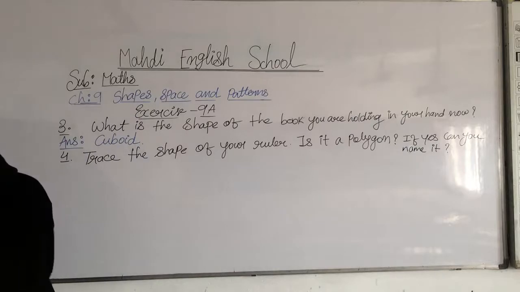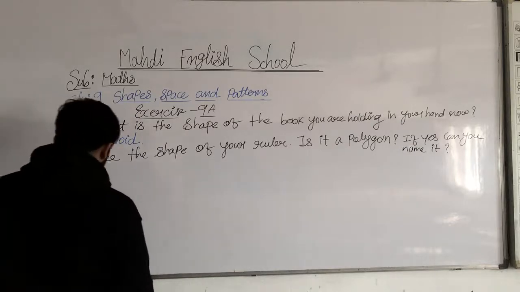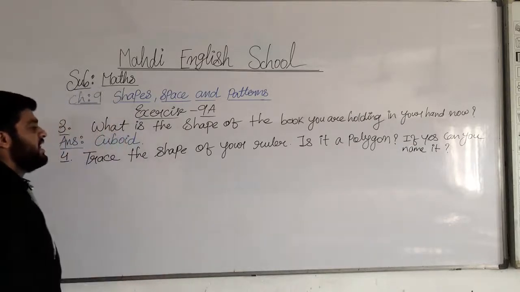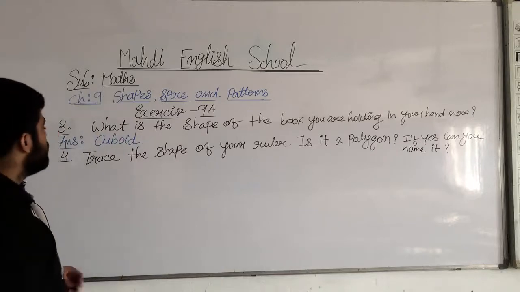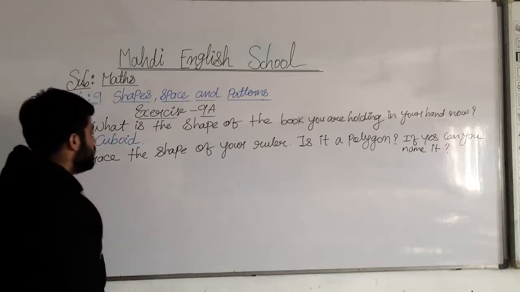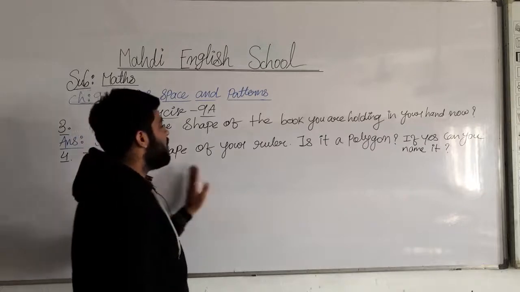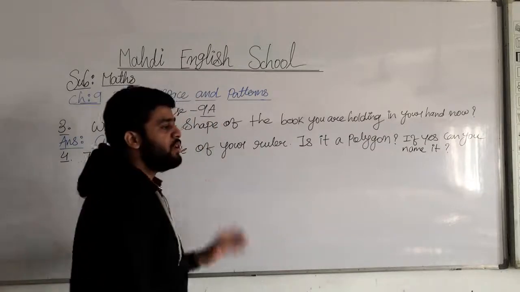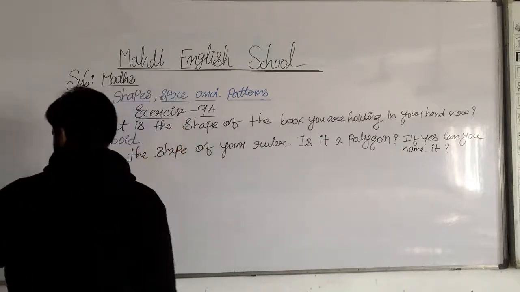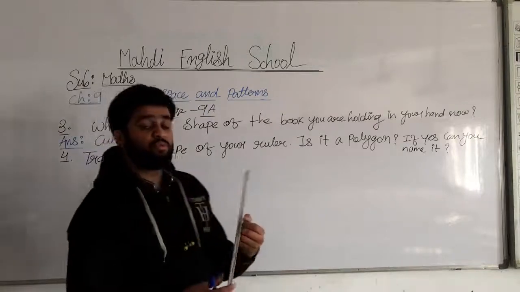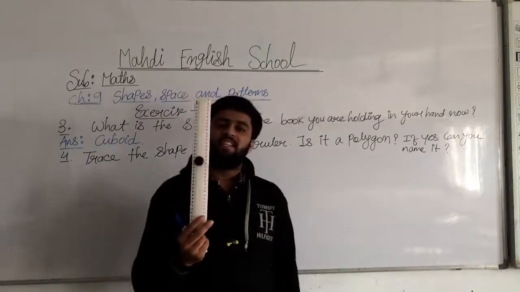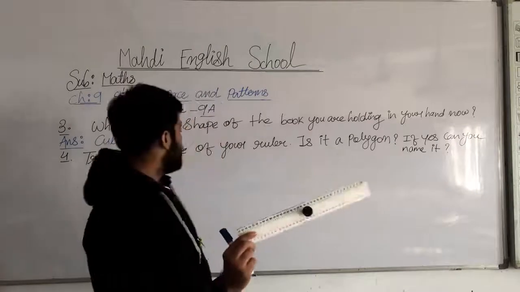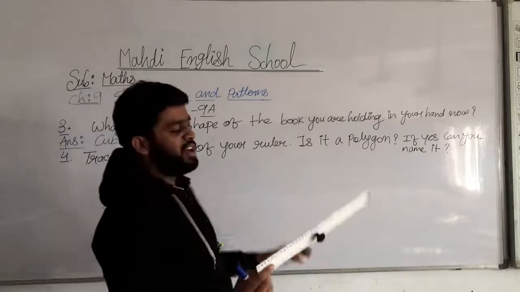What do we have to do, my dear students? First of all, properly read the question, and then we are going to solve. Question number 4: trace the shape of your ruler. What is this in my hand, my dear students? A scale. So the shape of your ruler, which shape?